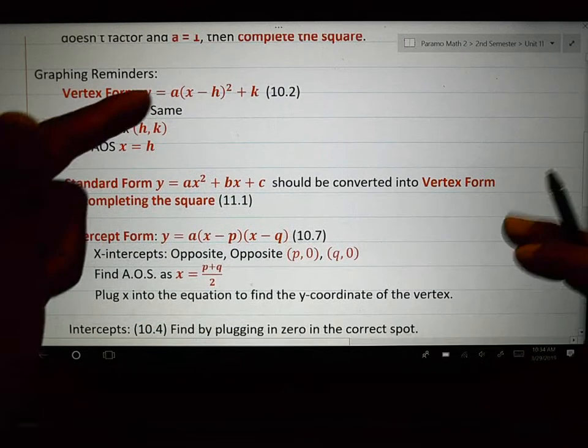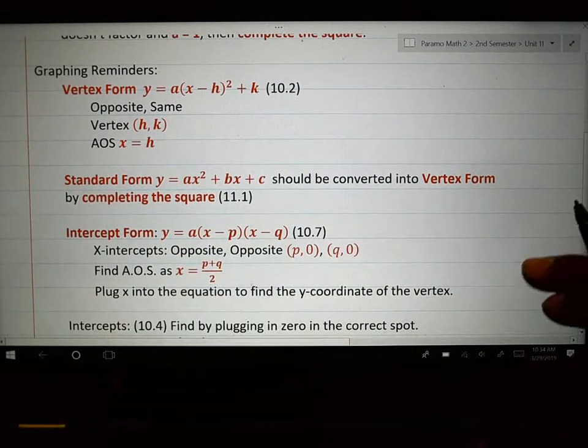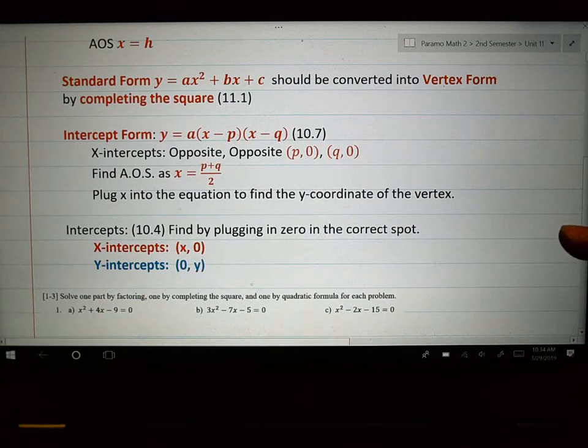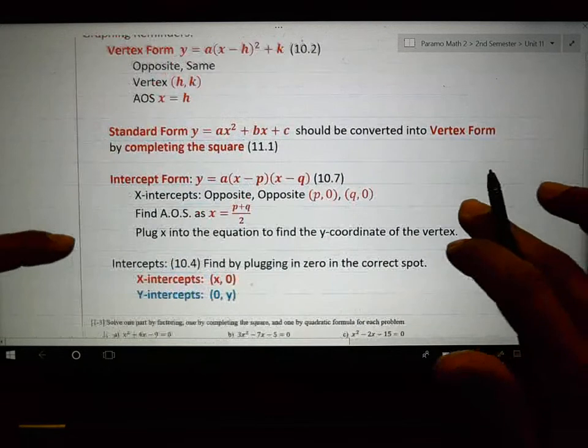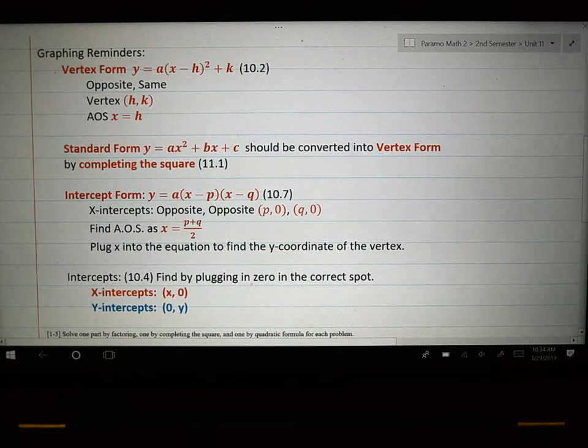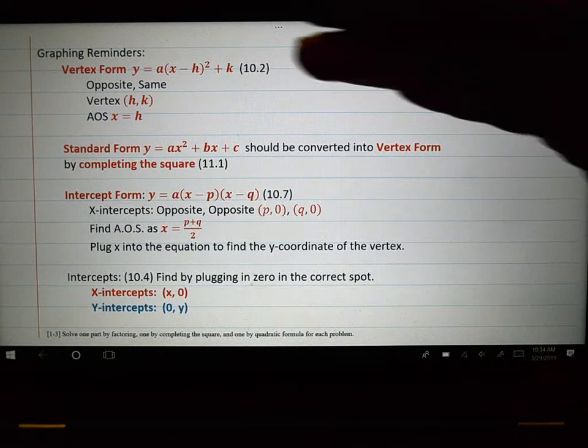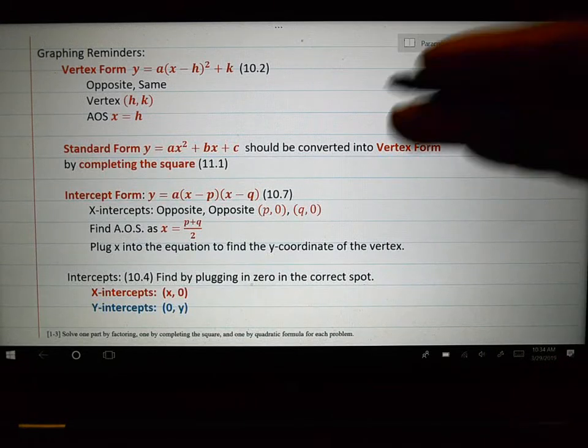I looked and found, oh, we taught that in 10.2, I taught that in 10.7, I taught that in 10.4. I kept finding things that I've already taught you, but at the same time, we know our last test average wasn't that great, so I had to bump it up a little bit, remember? So this is a good review for you. It's good for me to have you write it down because you can learn it over again.